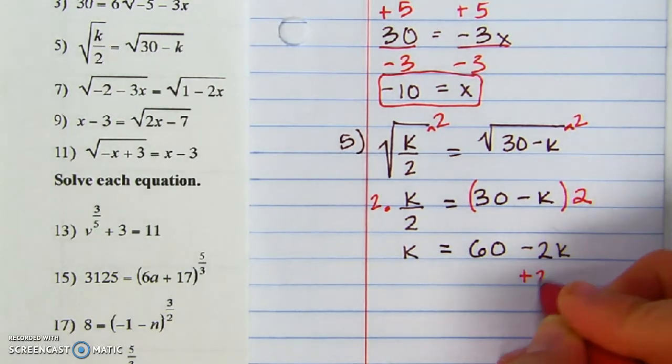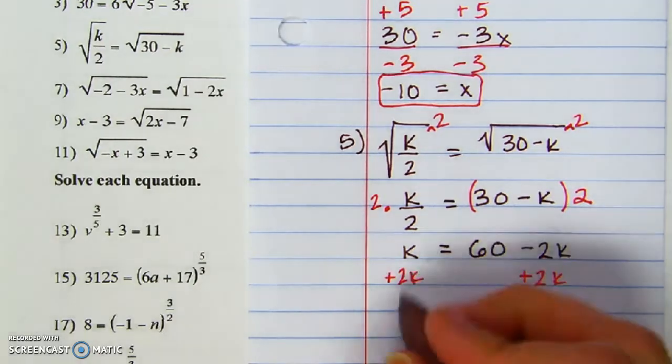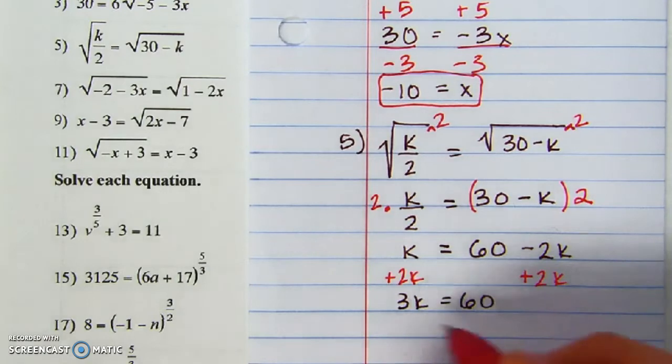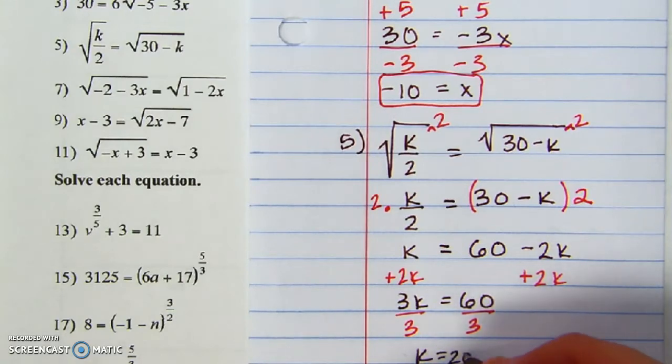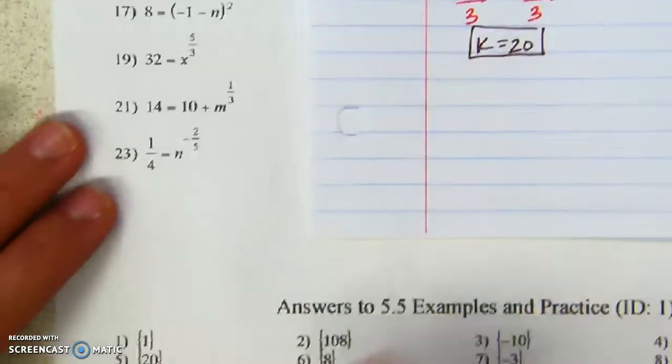I think I'm going to add this 2k over here. And 2k plus k is 3k, equals 60, so 3 times what is 60? 3 times 20. We're going quick, but we can always go down and check that 5 was 20.